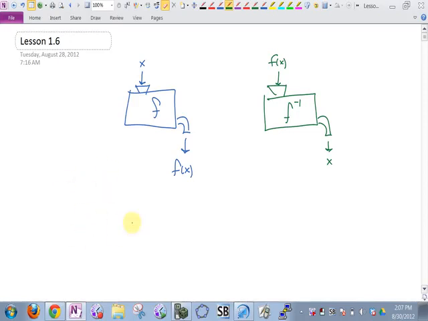Why do we need inverse functions? Well, let's think about right triangle trigonometry. Let's suppose you have a right triangle. It's horrible, but that works. And all you know are the lengths of the sides. You don't know any of the angles. Well, what do trig functions take as input?